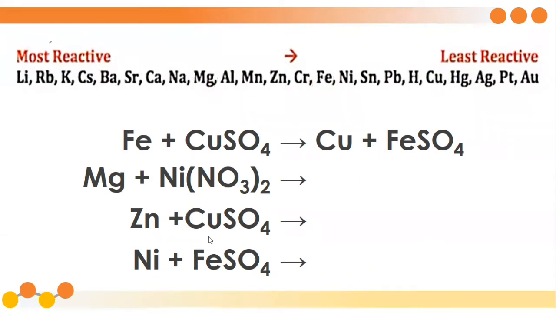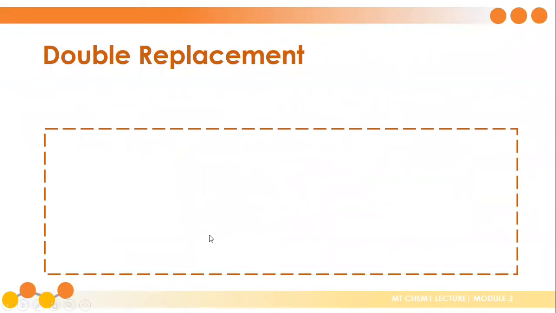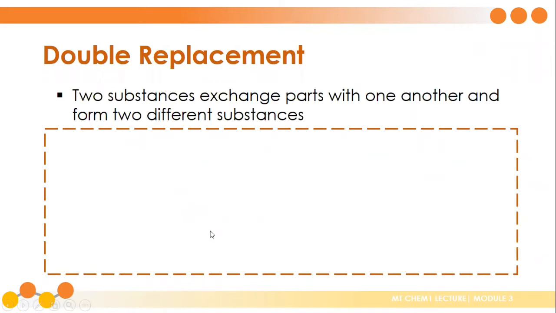Let's proceed with double replacement. Double replacement now is wherein two substances exchange parts with one another and form two different substances. What is the formula for this one? It's AX plus BY will produce AY plus BX.